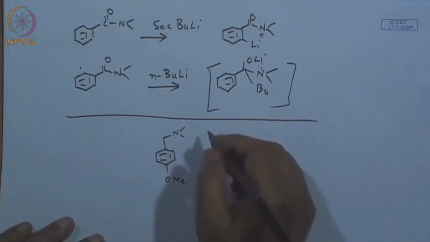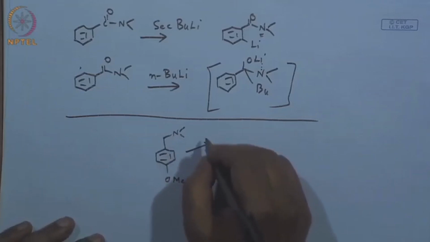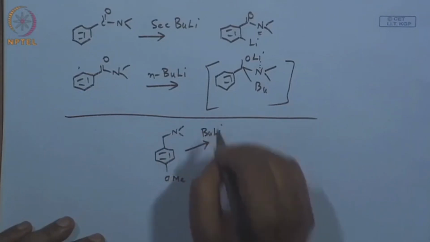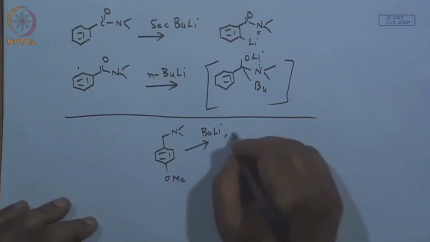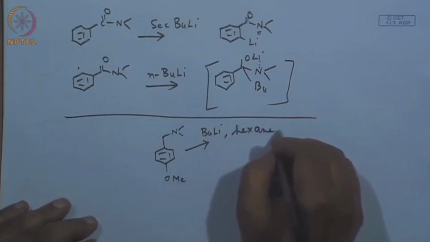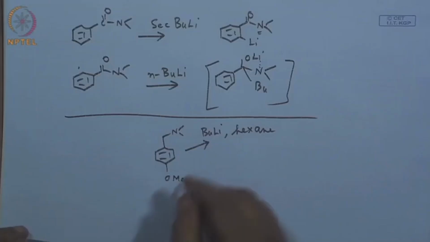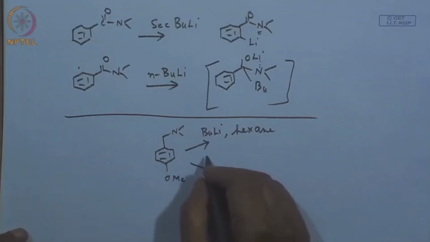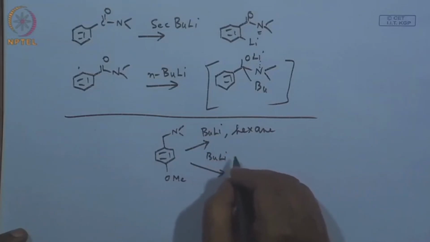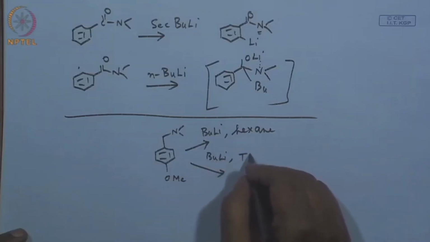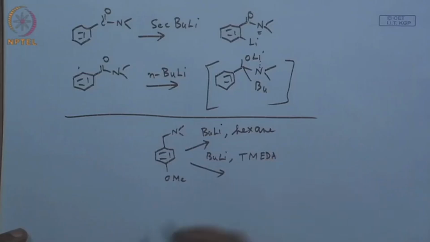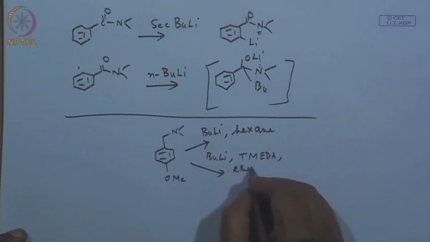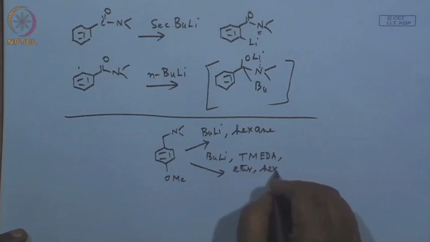Let us say you react this with butyl lithium; when I write butyl lithium, it is meant to be n-butyl lithium. And the solvent is very critical, that is what this example is about: solvent hexane. In the other case, you have butyl lithium and TMEDA, tetramethylethylenediamine, many of you know, in ether and a little hexane.